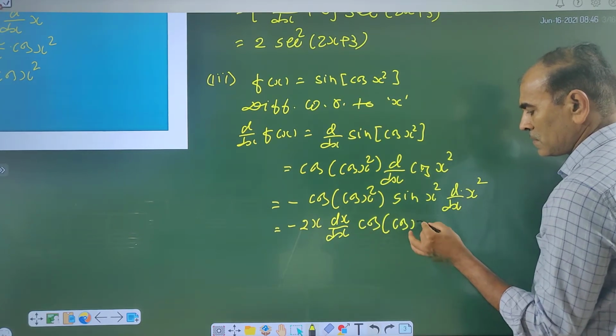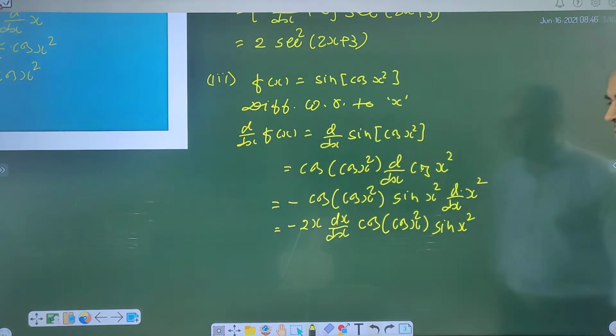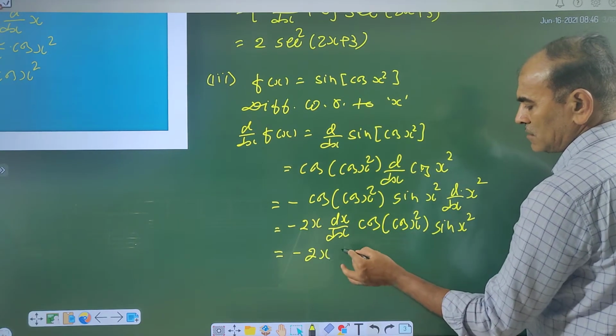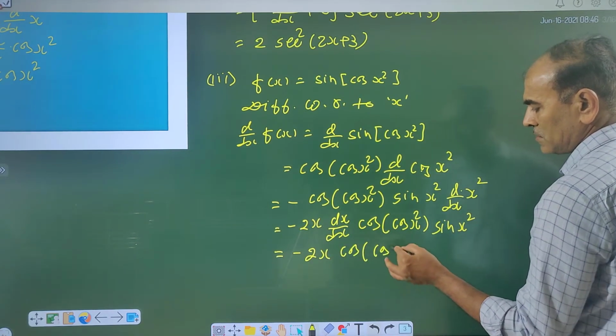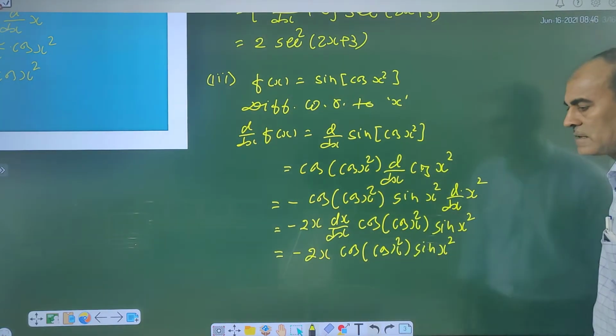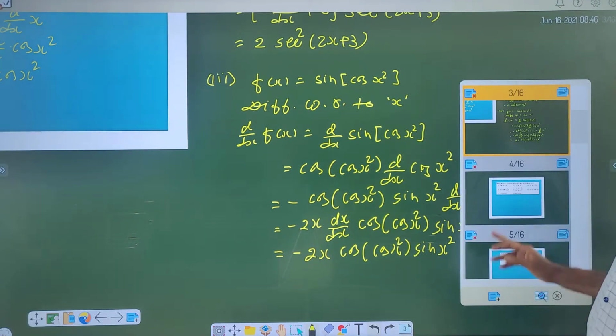Cos of cos x squared into sin x squared. Very easy, but that comes out 1. So minus 2x cos of cos x squared into sin x squared. Is it clear? Yes.